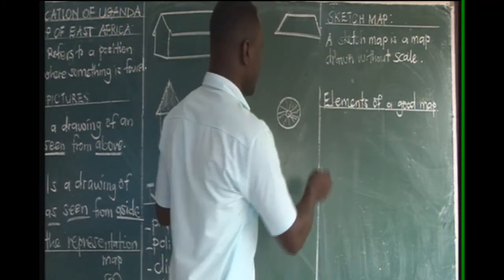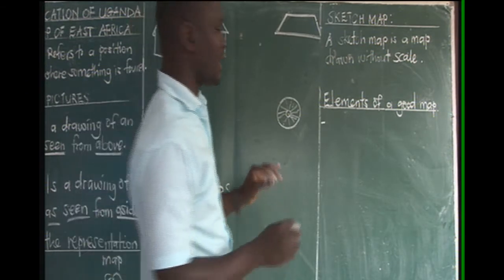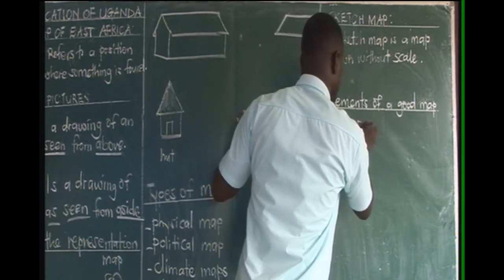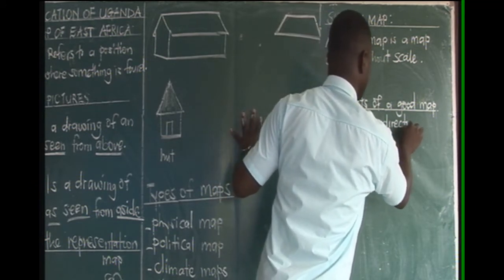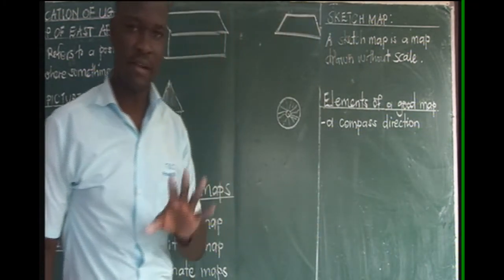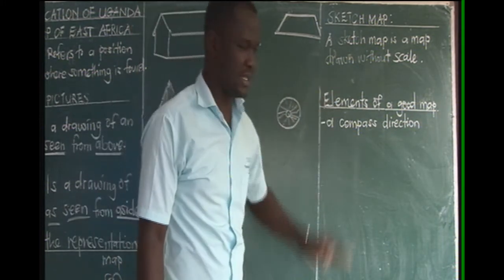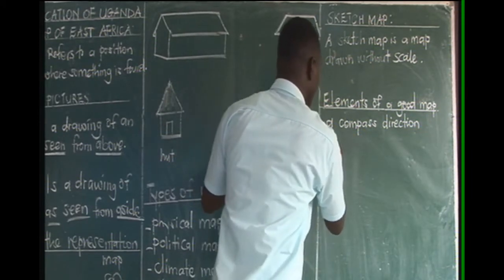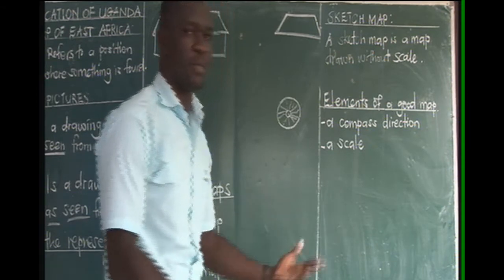So element number 1 of a good map is a compass direction. Not a compass, but a compass direction. We shall understand the difference. Element number 2, we have what we call a scale. We can call it the map scale.